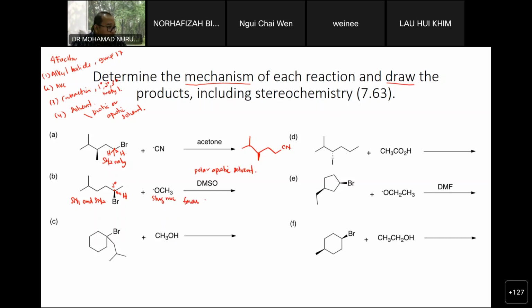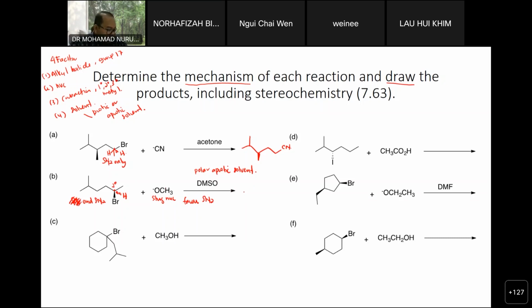You can come to the conclusion: it only favors SN2. Because this is a chiral center, it goes with inversion of configuration.